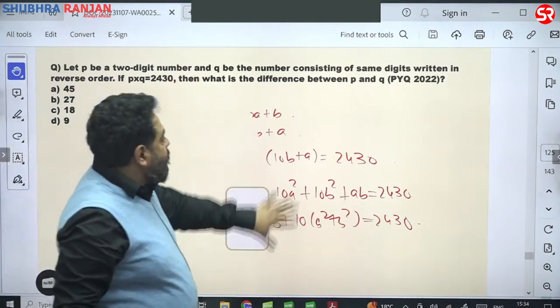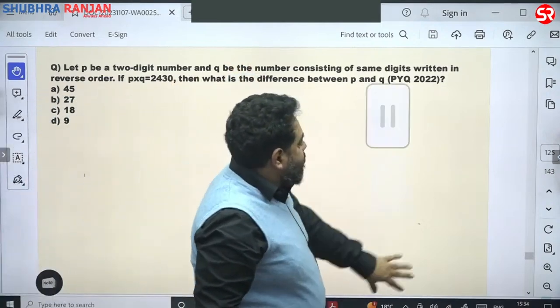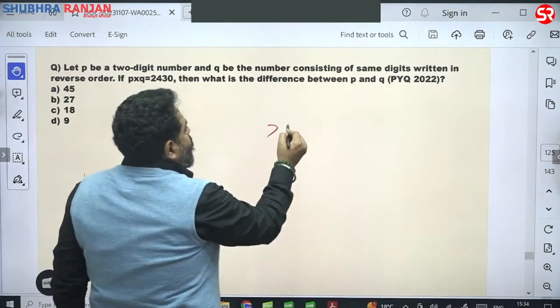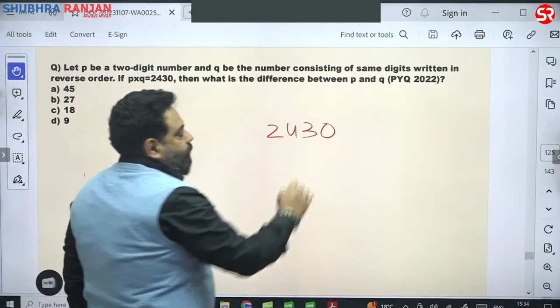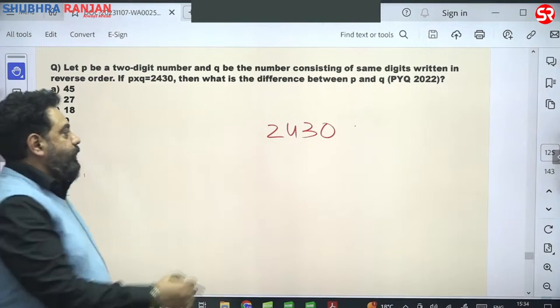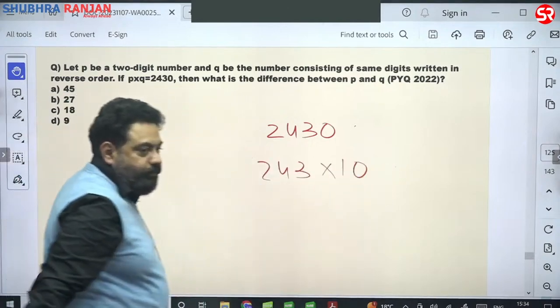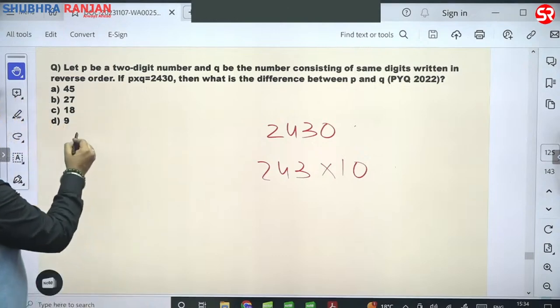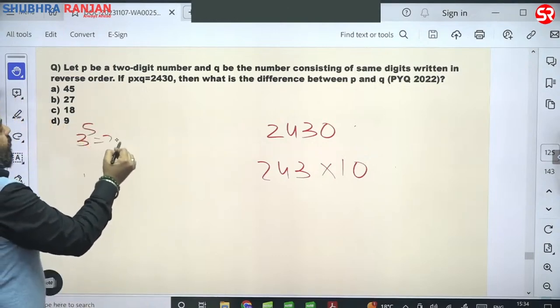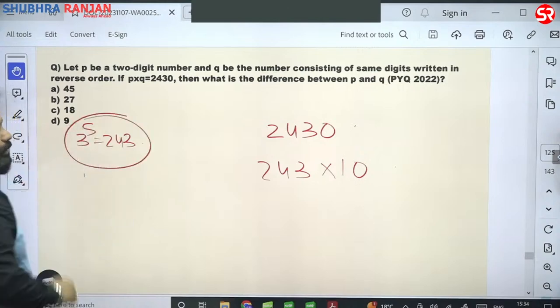2430, listen to me. The best number was this, 2430. It is 243 into 10. And see this, 3 to the power 5 is 243. I have always been telling people, remember a few things. 243, right? See this.